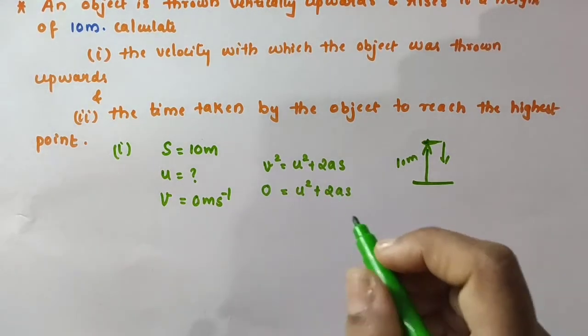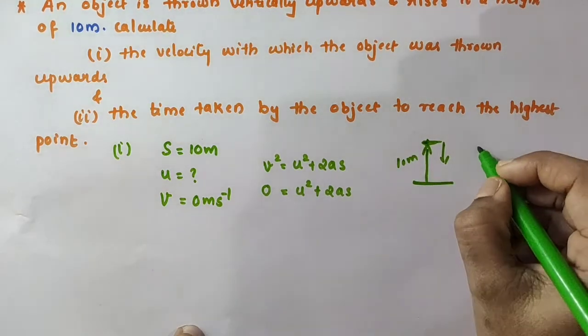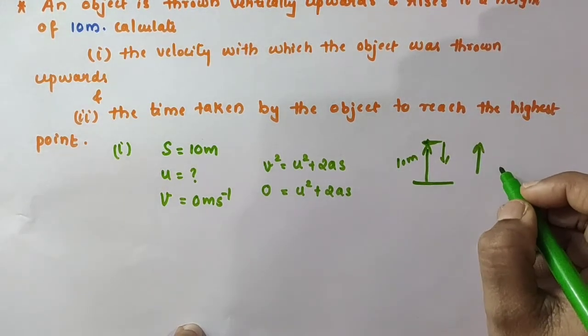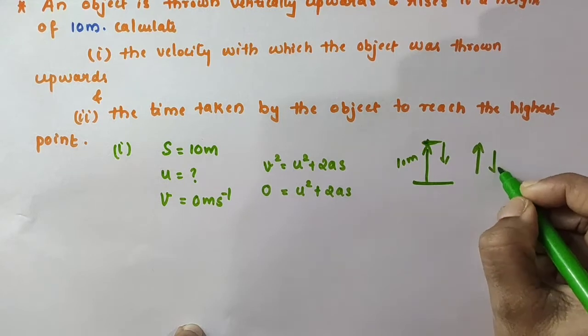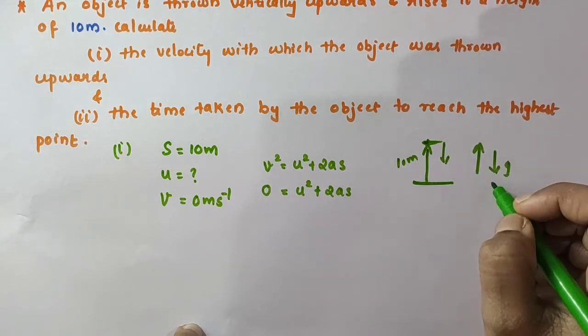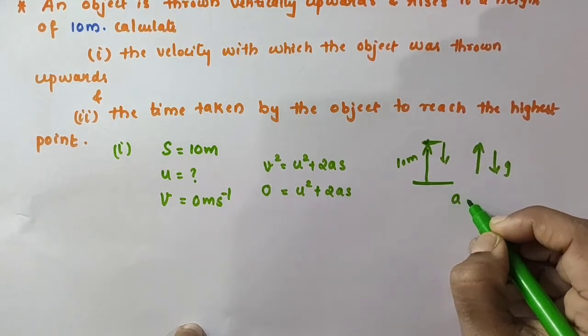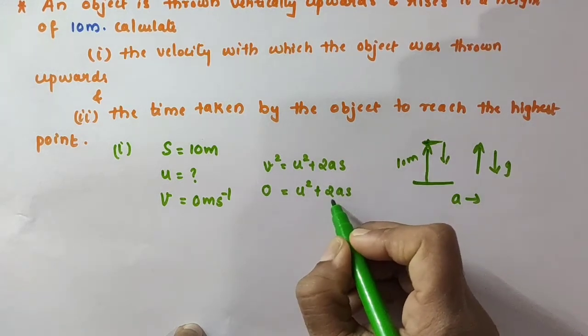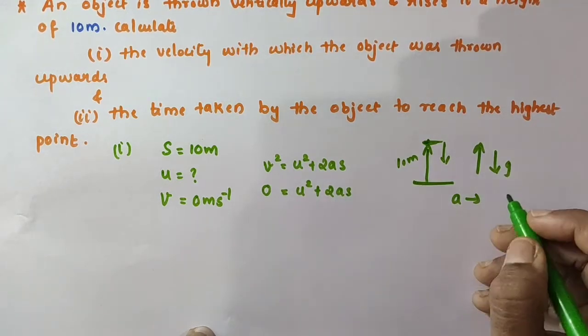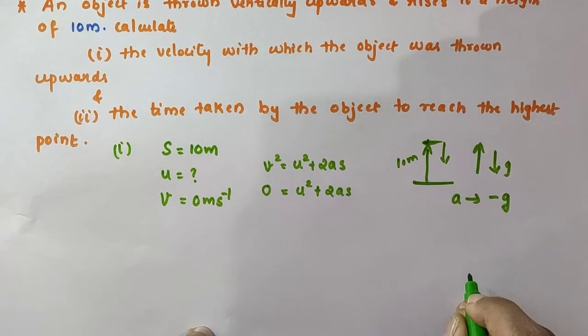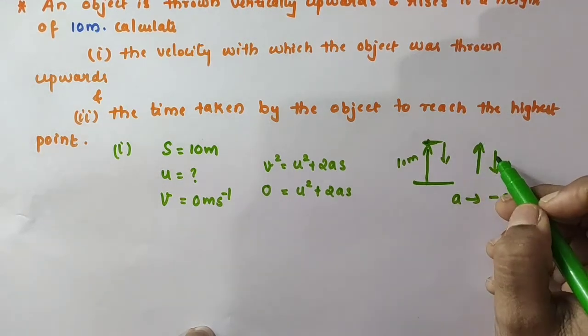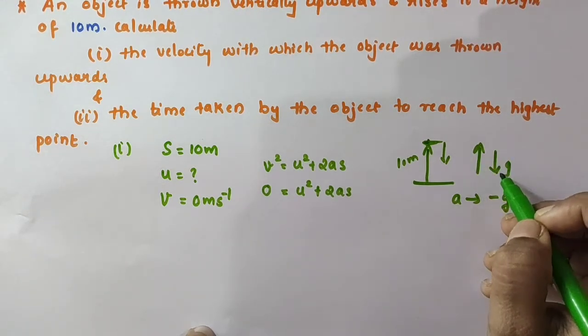The object is moving upwards, but acceleration due to gravity is directed downwards. So acceleration a in this expression can be replaced by minus g, because the direction of motion and acceleration due to gravity are in opposite directions.